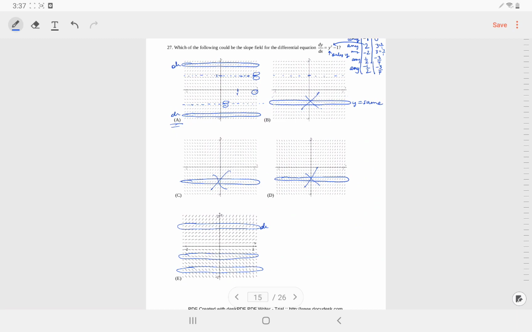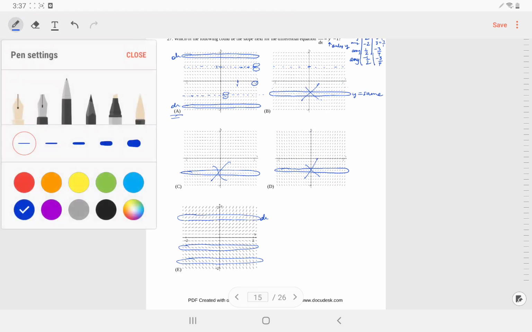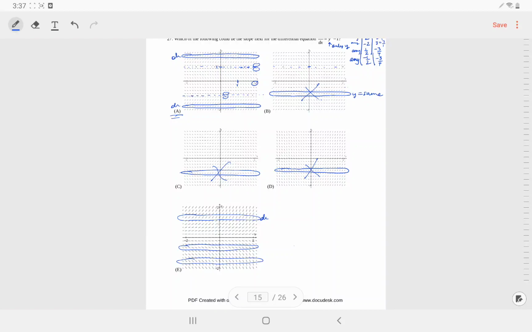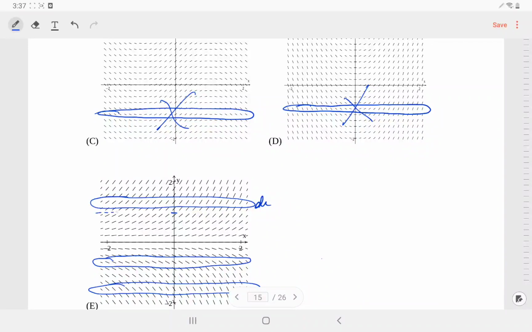Okay, so we said at 1 and -1. So at y equals 1, which is about halfway in, let me zoom in. The slope is 0. I don't think so, because this slope is positive, this slope is positive. I don't think there is a 0 in the middle of those two positives. It's possible, but I don't think so.